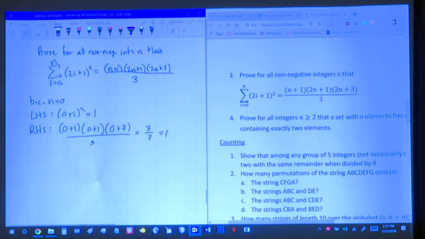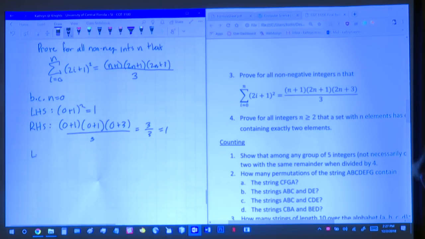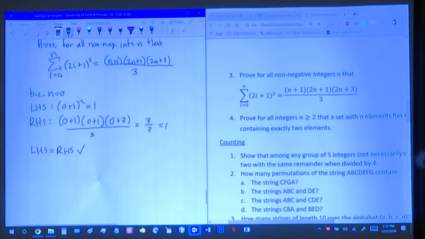So these are equal. Left hand side equals right hand side. So it's been proved.